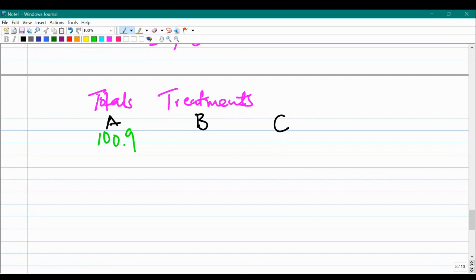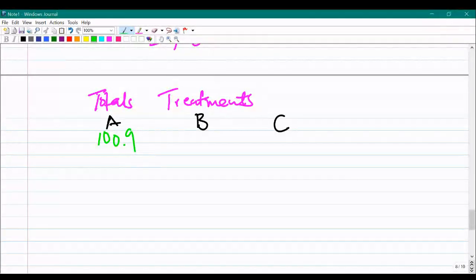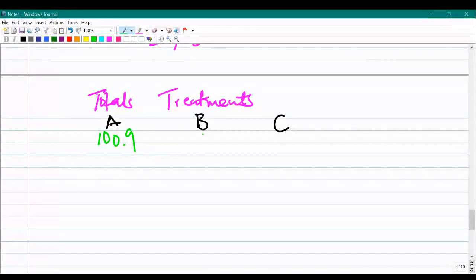I'm not sure if it's my network or your network. The thing is what, my sister? It's 136.45. 136.45. Okay, 136.45. And for C, 166.8.